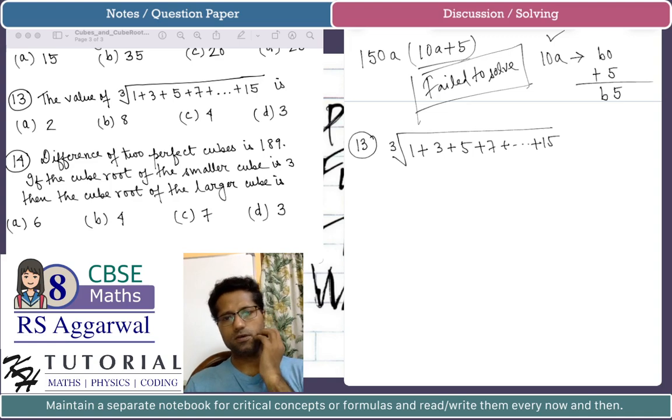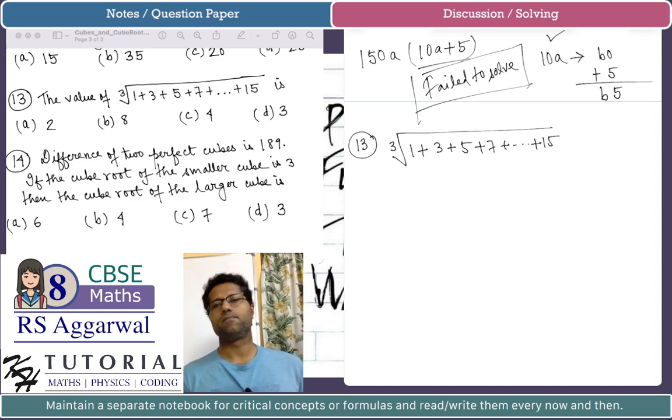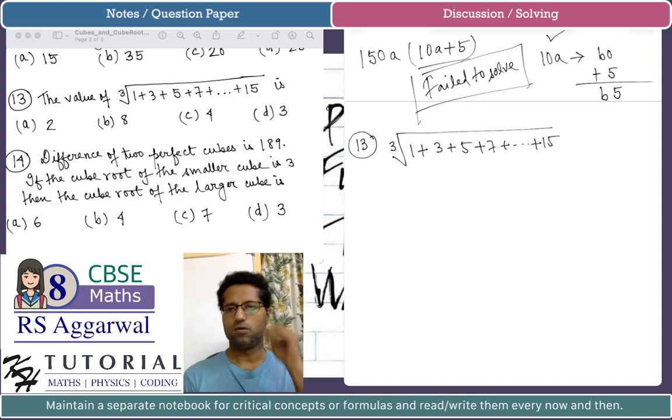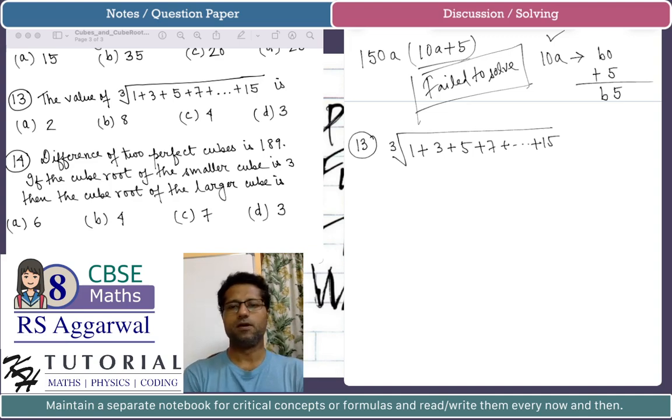Okay, so the value inside the cube root is the sum of some consecutive odd positive integers, that is 1 plus 3 plus 5 plus 7 plus up to 15. Now the last odd positive integer in the sum is 15. So from the last number, how do we say how many first odd positive integers are there?